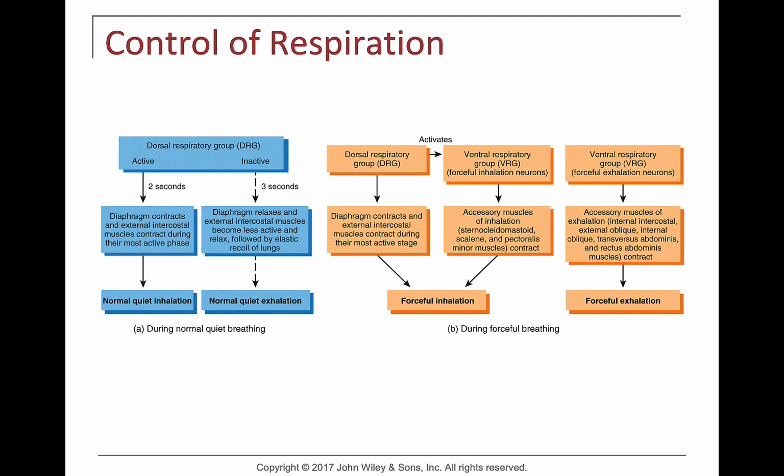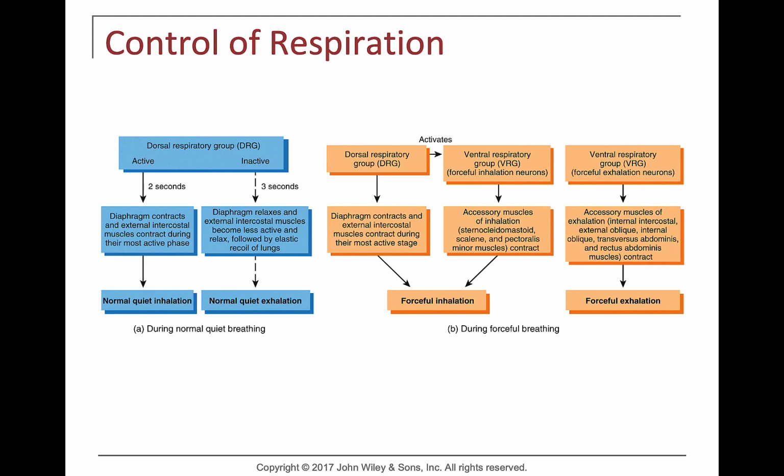We can also have deep inspiration and deep expiration, and we're going to see that we'll start to pull in the VRG then. So if we look at figure B during forceful breathing, we still have the DRG controlling the external intercostals and diaphragm, which are always used, whether it's normal inhalation or forceful inhalation.